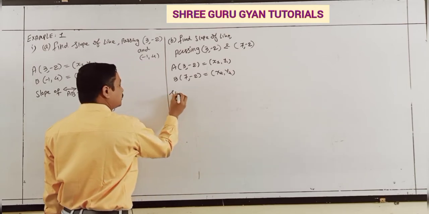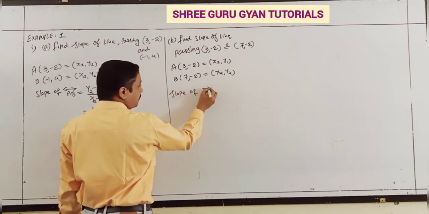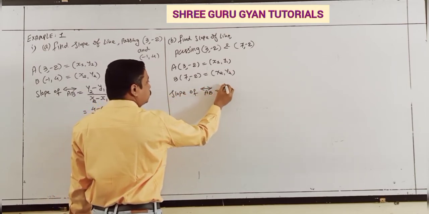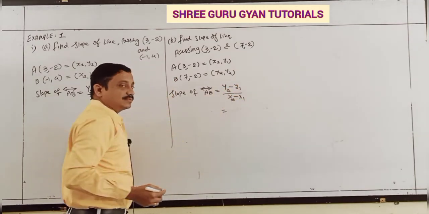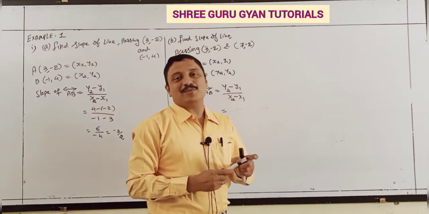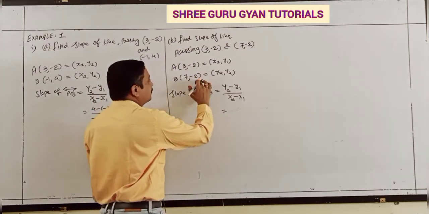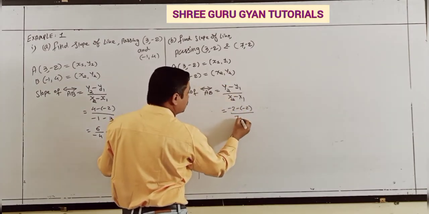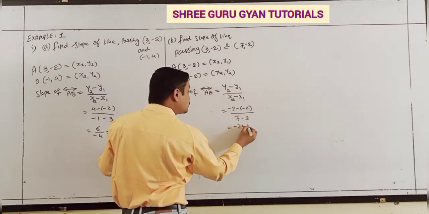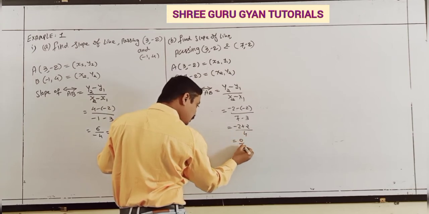Slope of line AB is y2 minus y1 by x2 minus x1. Y2 minus y1 means minus 2 minus of minus 2, and x2 minus x1 is 7 minus 3. So minus 2 plus 2 is 0.